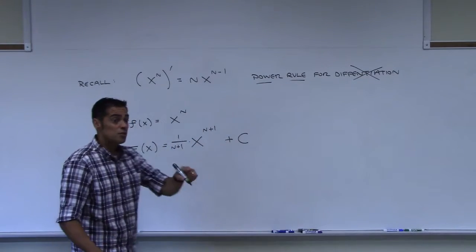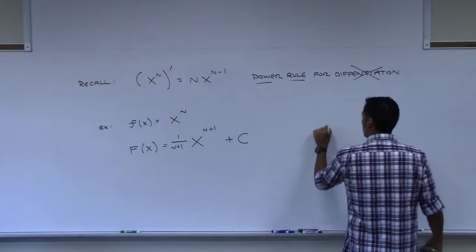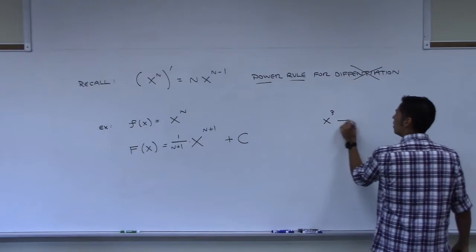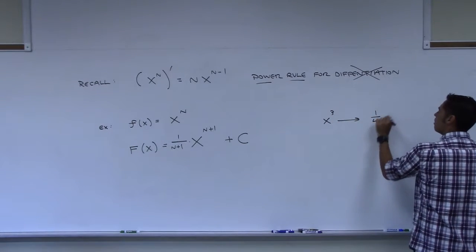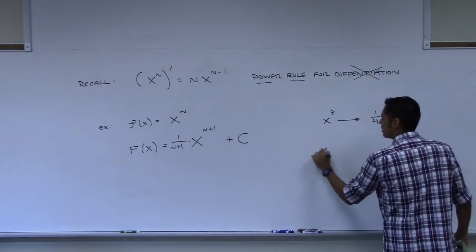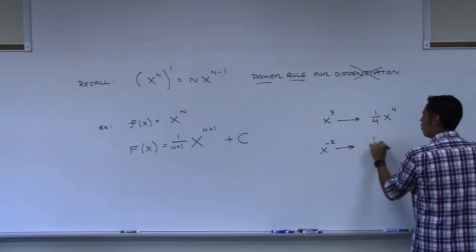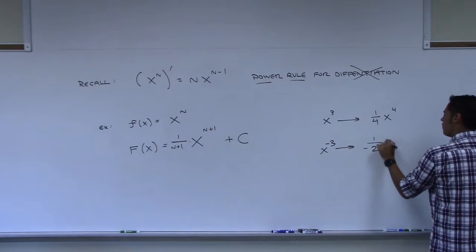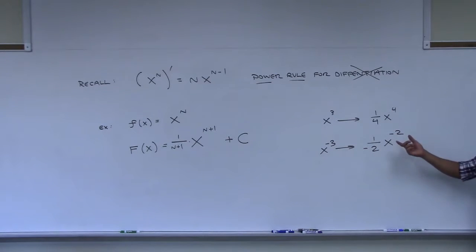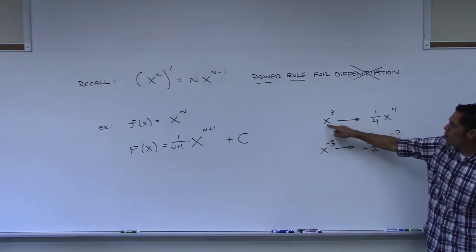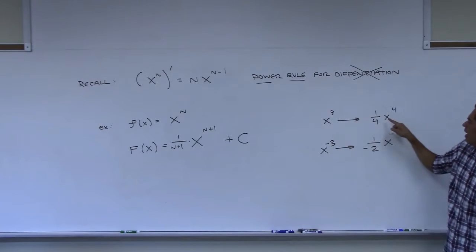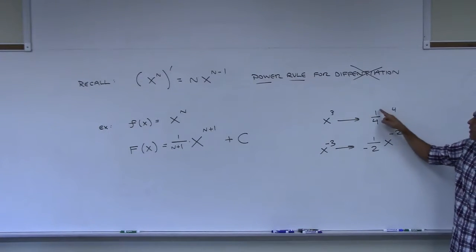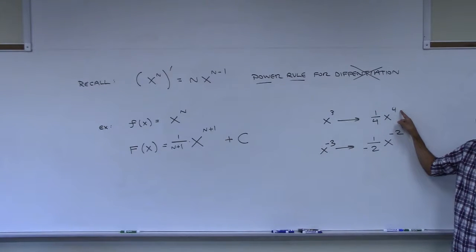So I'll illustrate this again over here. When we had x cubed, that became 1/4 x to the 4th, right? When we had x to the negative 3, it became 1 over, it was that. Okay, so when we had x cubed, when we took the antiderivative, we took x, we added 1 to the power, and then we did 1 divided by that power.